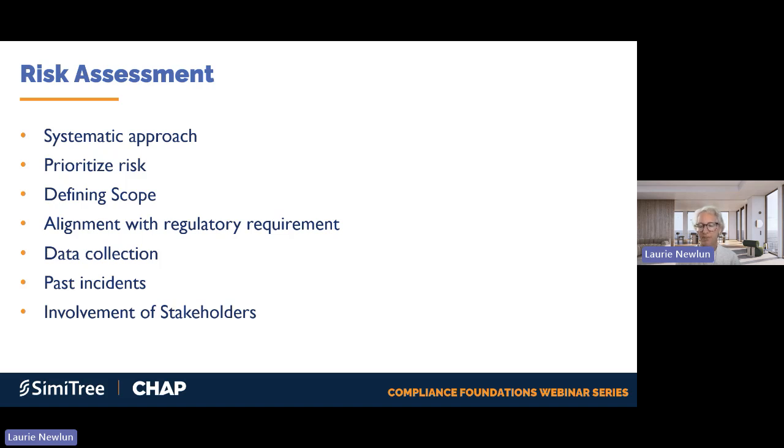That doesn't mean you're not going to have other areas of risk. You will, but they may not rise to the same level as the areas that you made a part of your formalized risk assessment. You want to define the scope and align with regulatory requirements, and you want to be sure that your data collection mechanisms are consistent as you look at information.